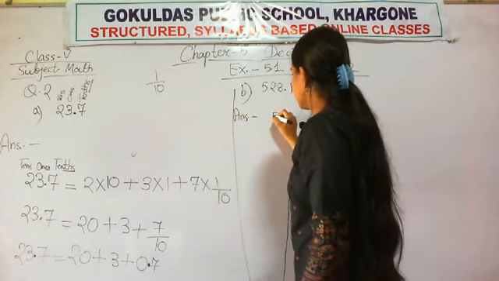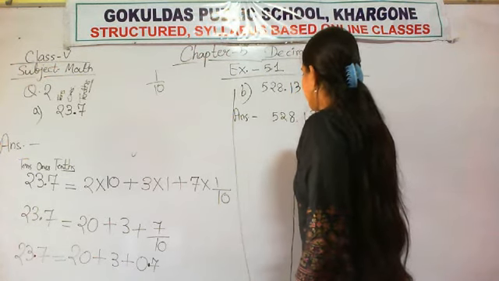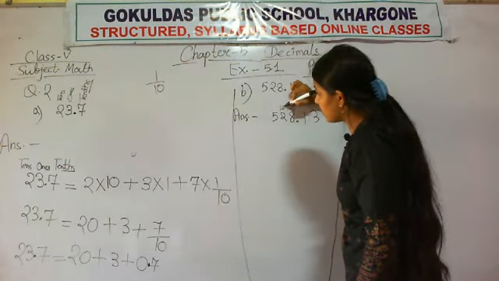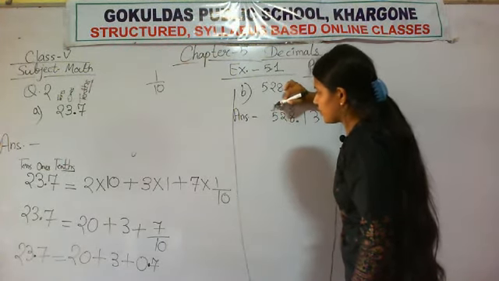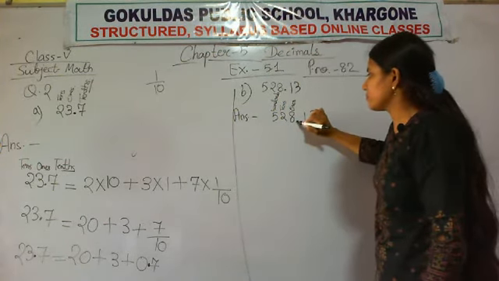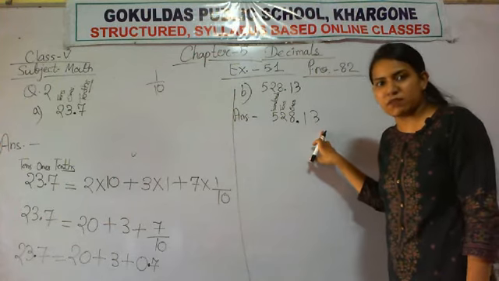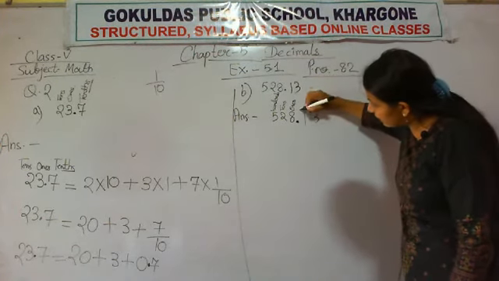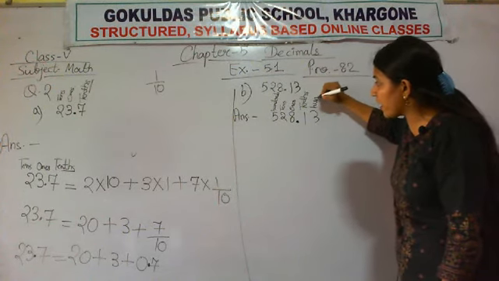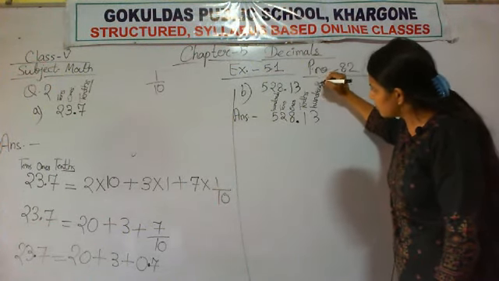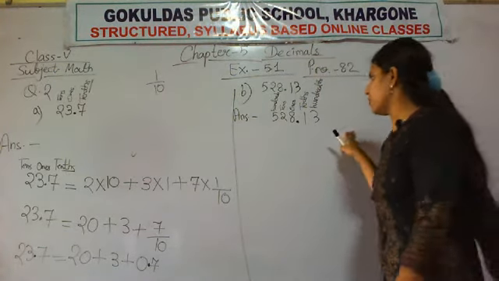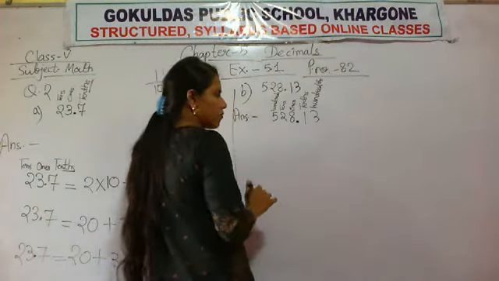So let me write the place values first. 8 is at ones place, 2 is at tens place, 5 is at hundreds place. Here 1 and 3 are written in the decimal part, which means 1 is at tenths place and 3 is at hundredths place. These are the places of the digits in the number.